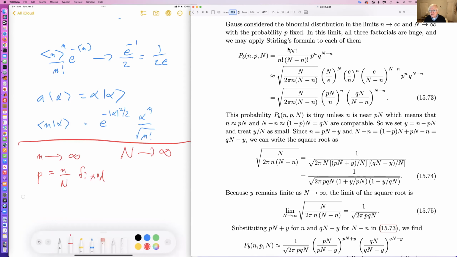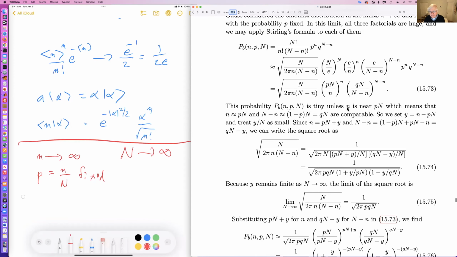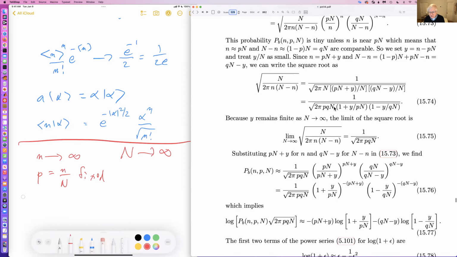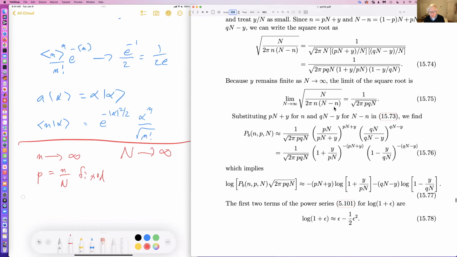And if you do the Stirling massage to the exact binomial expression, well, there's a lot of arithmetic here, and I don't think we need to struggle through the whole thing.